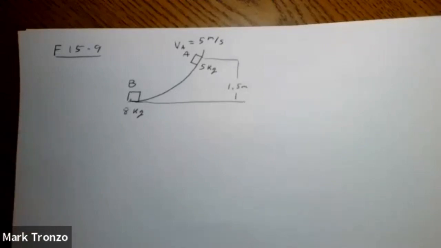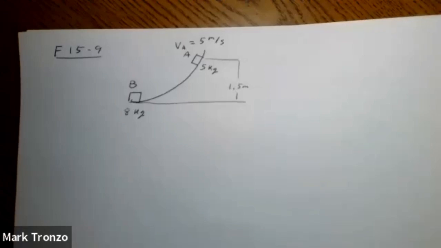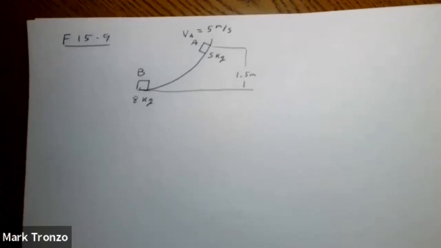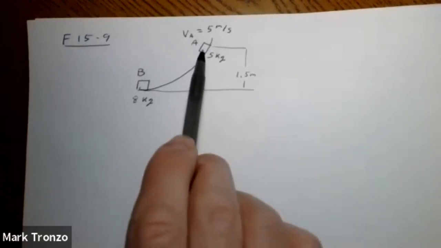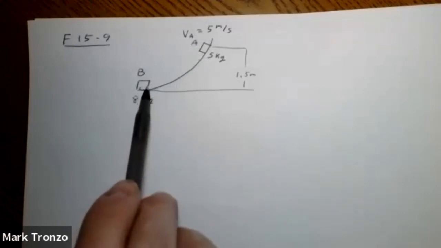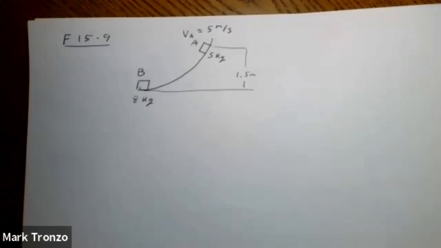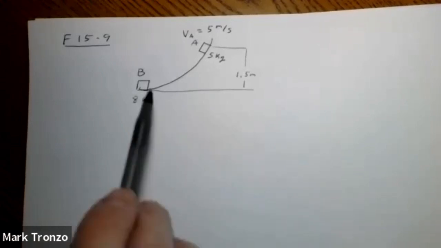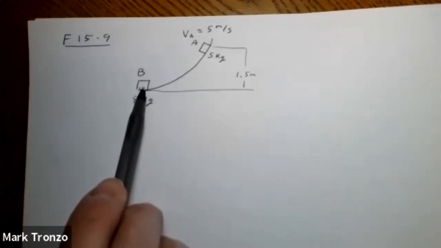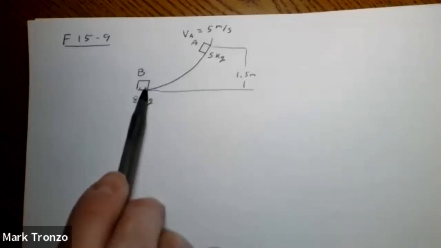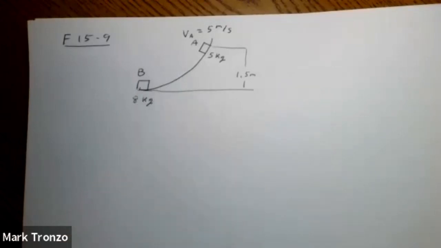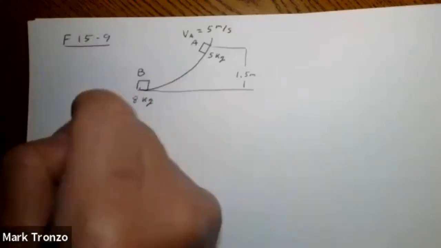And so we're asked to determine their common velocity immediately after collision. So we're going to have this block come down here, hit block B, and see what their velocity is. Now we obviously need to know the velocity of block A just before it impacts B.